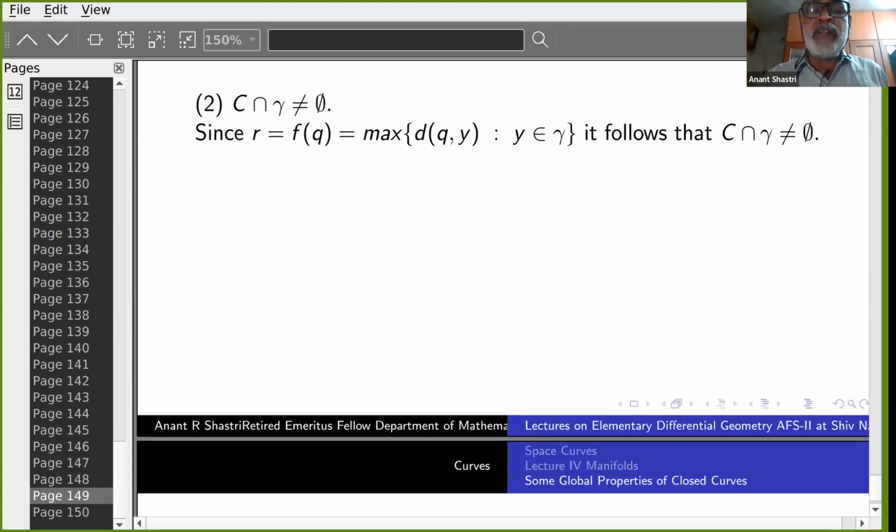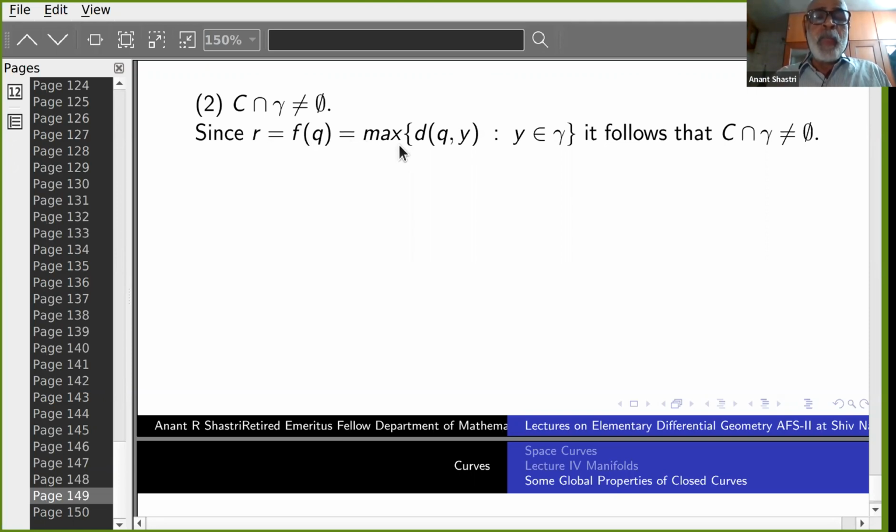C must intersect gamma. What we have so far observed is C is in the interior of gamma. If it does not intersect, obviously you can take a smaller circle, right? Because this R is nothing but FQ. Remember, Q is the one with the minimum value of all R. R is FQ.